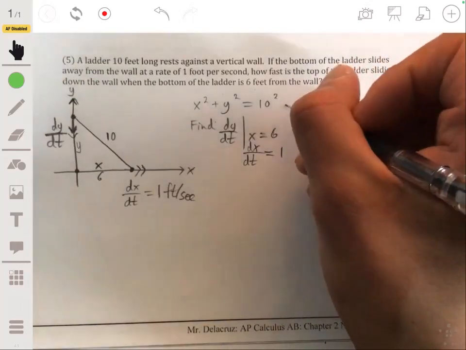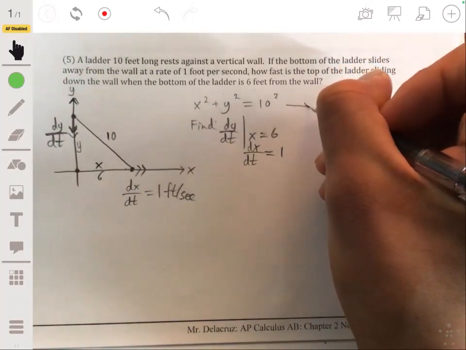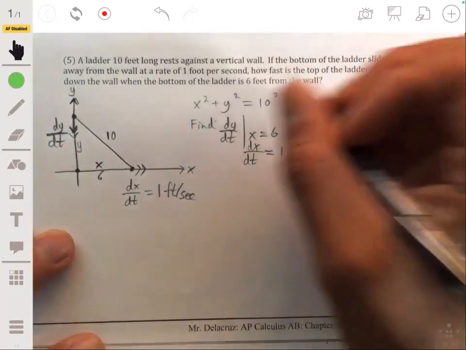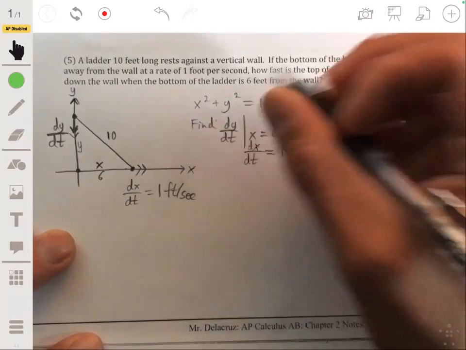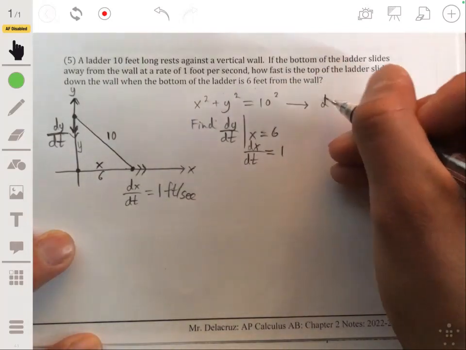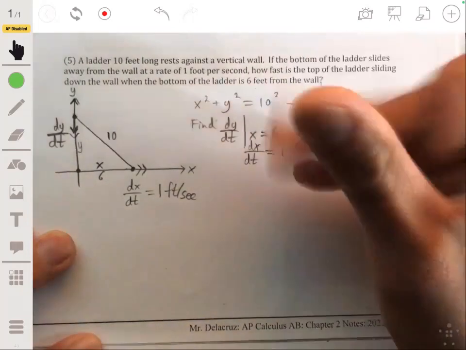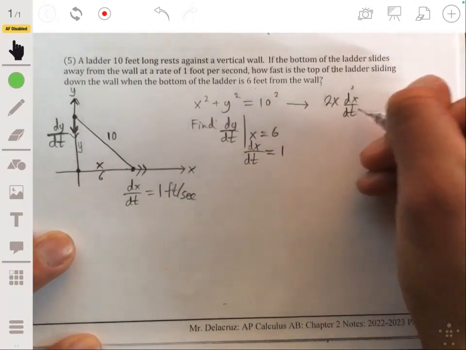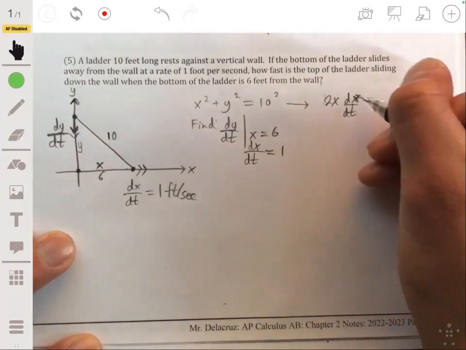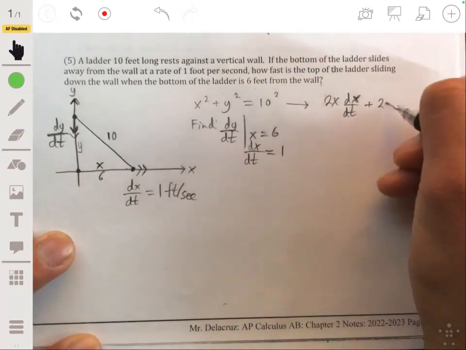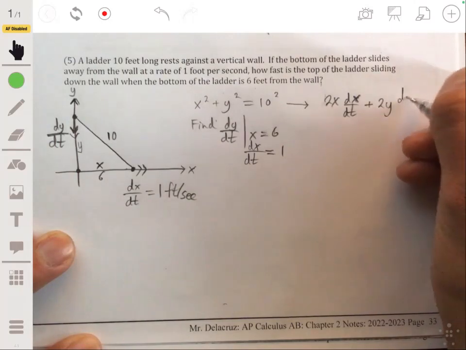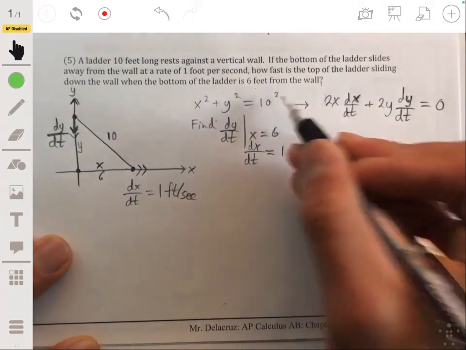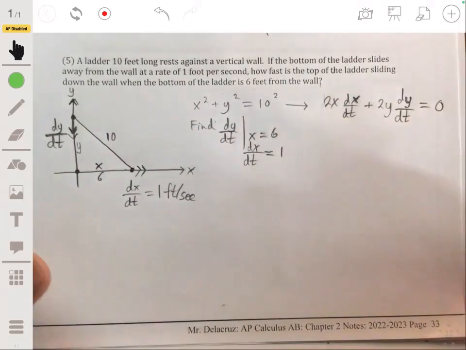So what we got going on here is that if we differentiate each of these with respect to t, we got 2x times dx/dt plus 2y times dy/dt is equal to 0, since 100 is just a constant, so it's equal to 0.